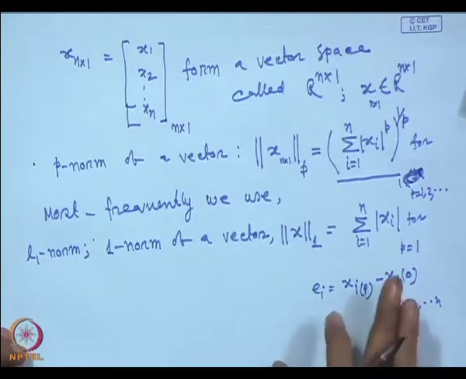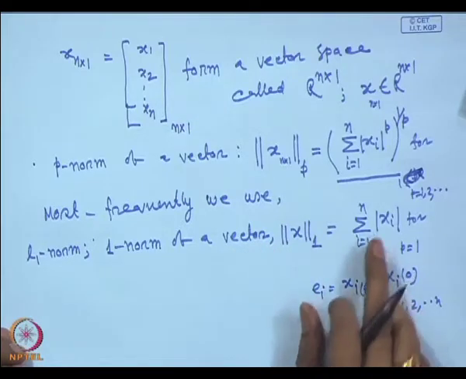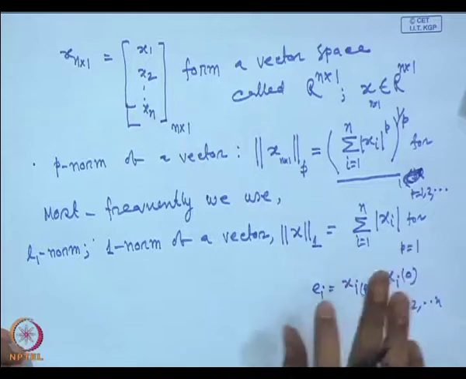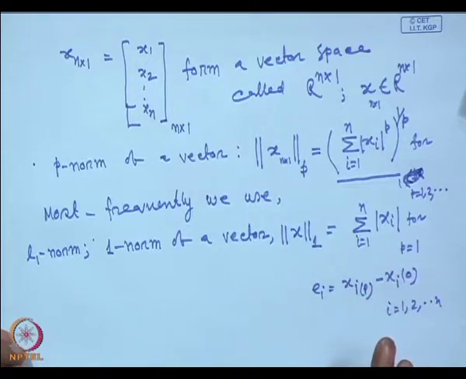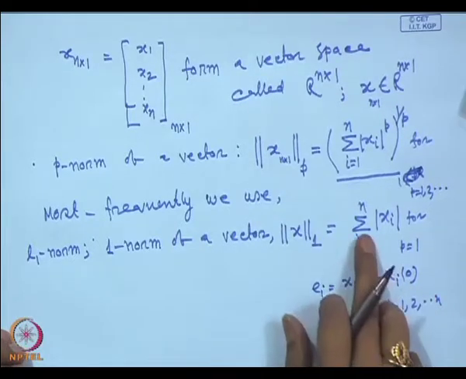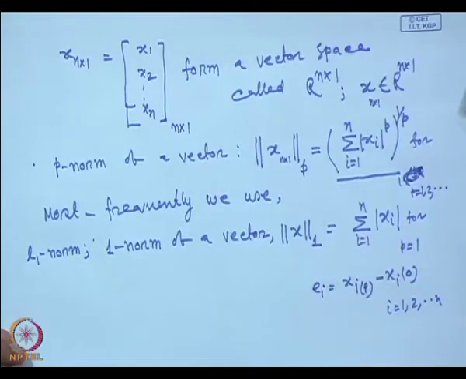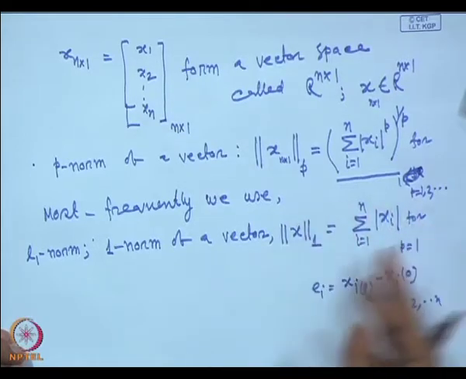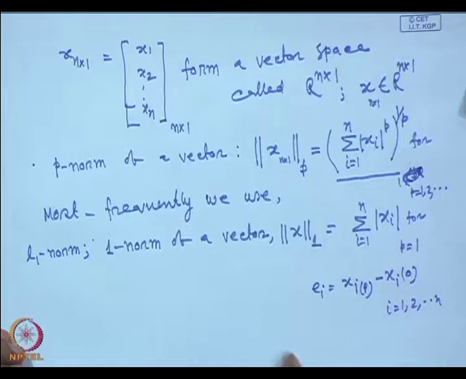That indicates that all the values E 1, E 2 have reached at least 10 to the power of minus 4. So, in some situations, in an iterative method, the norm 1 is also used.